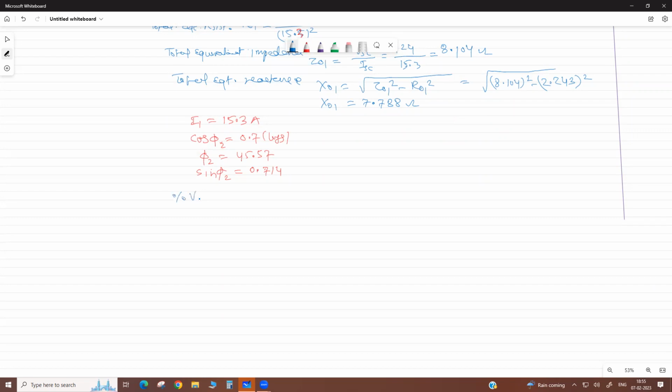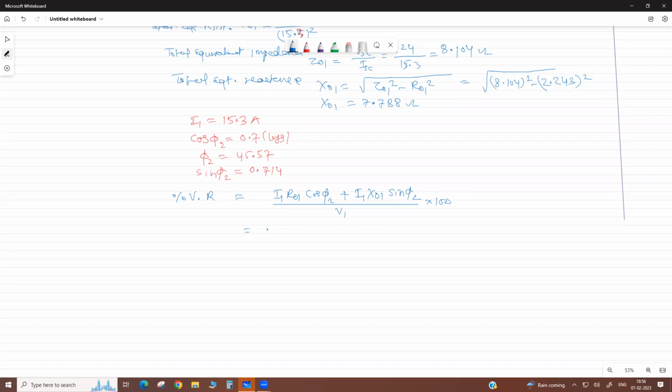Therefore, percentage voltage regulation for lagging is I1 R01 cos phi 2 plus I1 X01 sin phi 2, divided by V1, where V1 means the no load voltage, into 100.